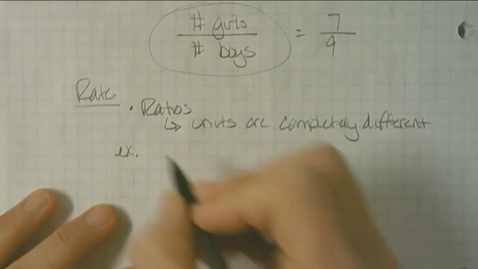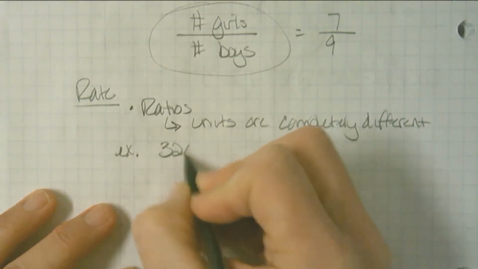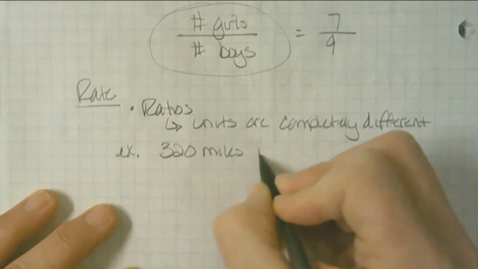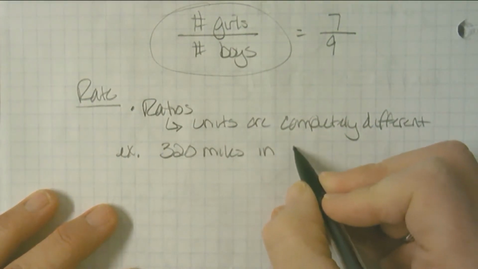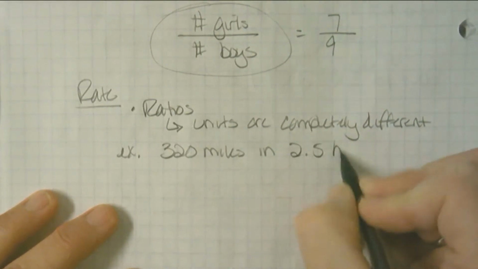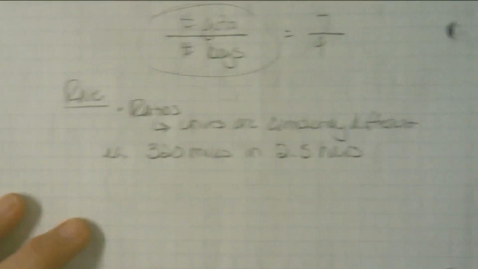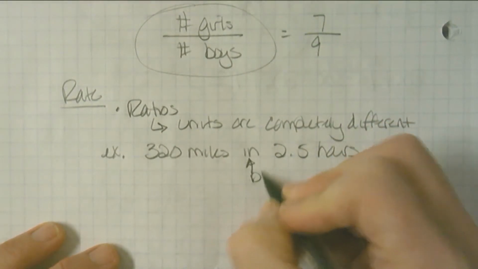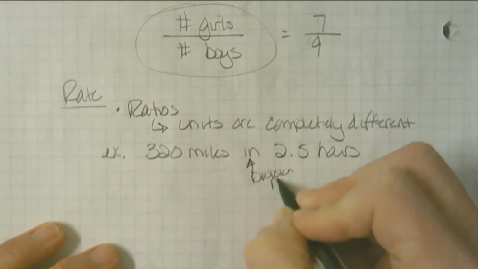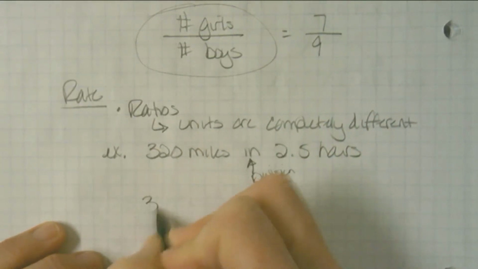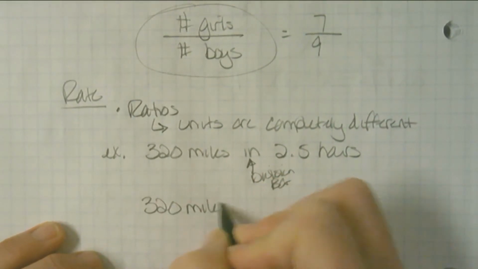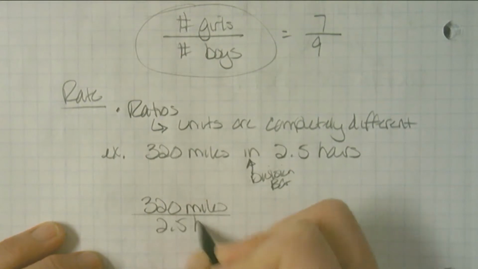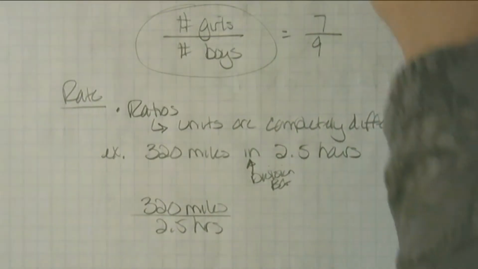So a rate might be 320 miles in 2.5 hours. This in is your division bar. So I would write 320 miles over 2.5 hours. That is a rate.